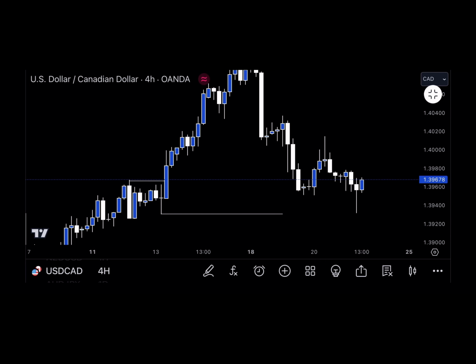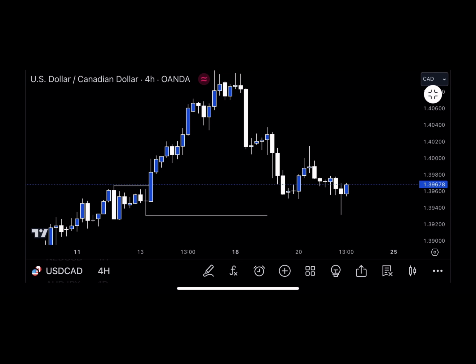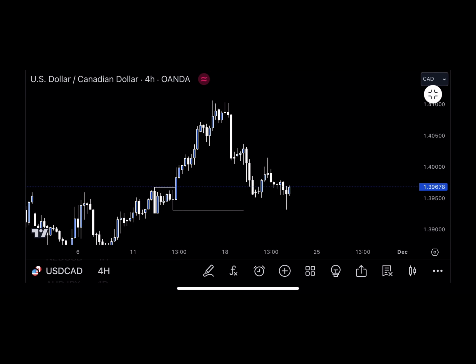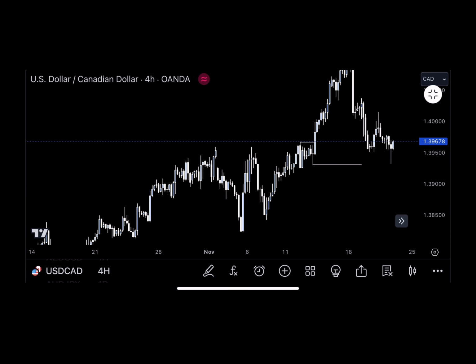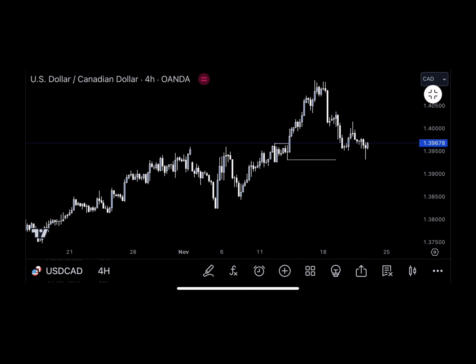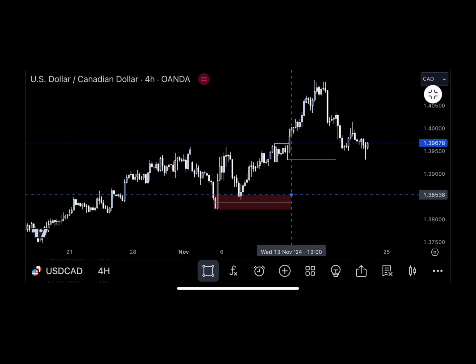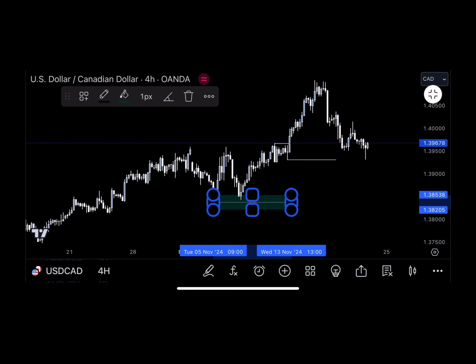Supply and demand curves are graphical representations of the relationship between the price of a good or service and the quantity supplied. We can see a lot of demand zones here in the chart. Clear demand zones like this one. Let me mark it out here. Let me change color to green.